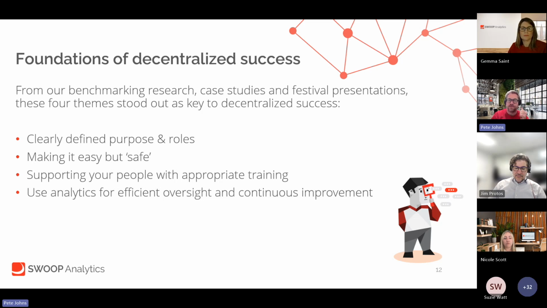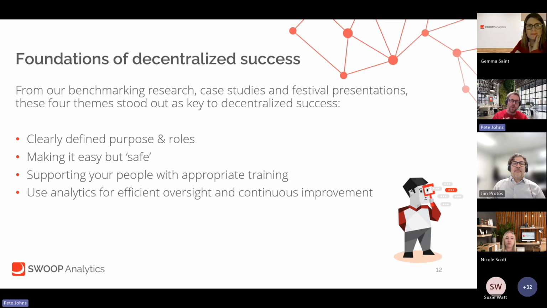Having clearly defined purpose and roles, making it easy, but in inverted commas, safe, so people can feel confident and comfortable creating and sharing content, supporting your people with appropriate training. And you could be cynical and say, well, we would say this because we're SWOOP Analytics, but genuinely, using analytics for efficient oversight and continuous improvement.